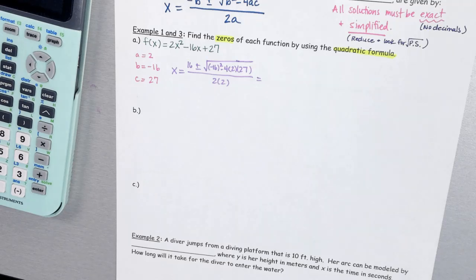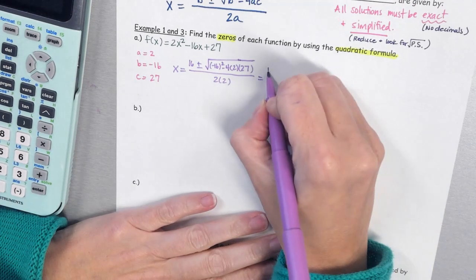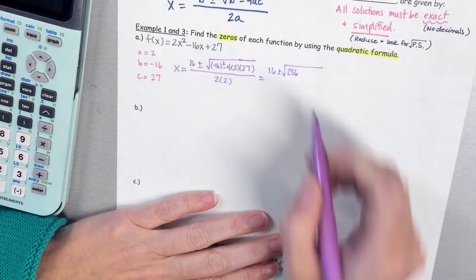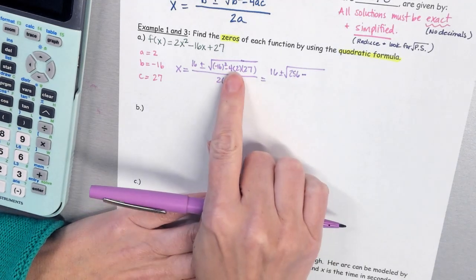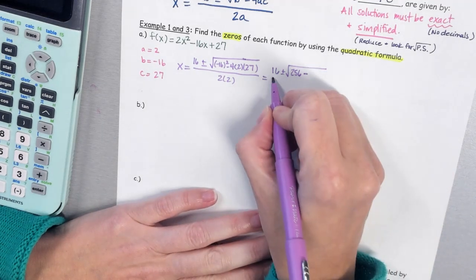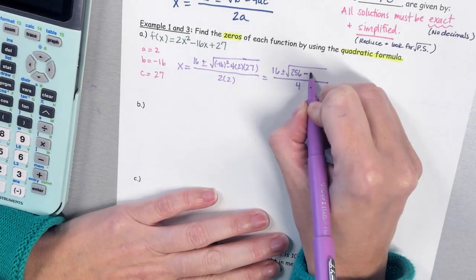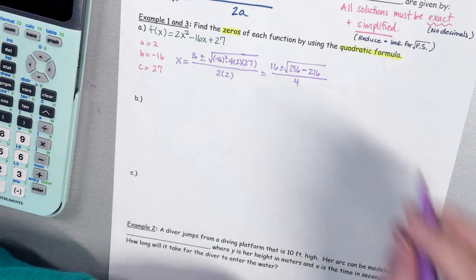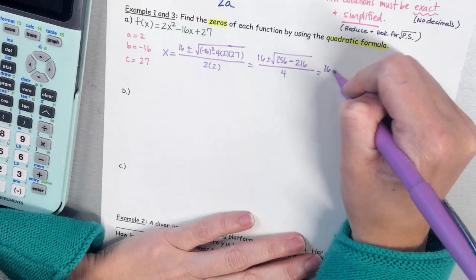Okay, so negative 16 squared is what? 256. Okay, and then you have 4 times 2, which is 8. 8 times 27, what did you guys get for that calculation? 216. Okay, so when you subtract, you're going to have the square root of 40.